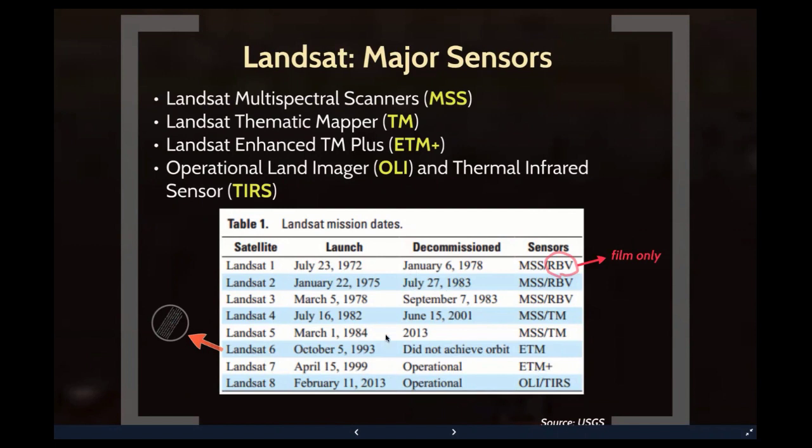We're going to go over some of the major characteristics of the different sensors. Instead of trying to memorize all the different resolutions, features, and characteristics, let's focus on the relative comparison. I think there was some discussion in the online D2L discussion where some of you were talking about how to combine data from different generations.